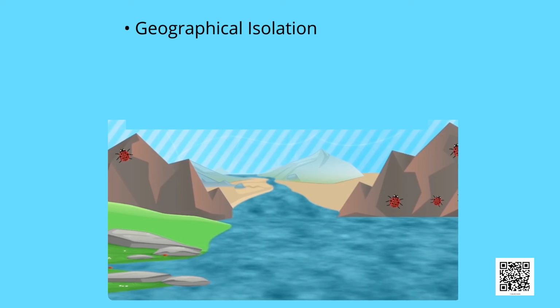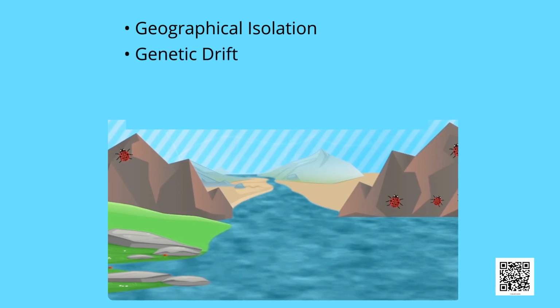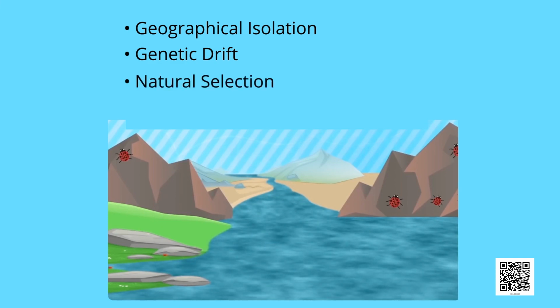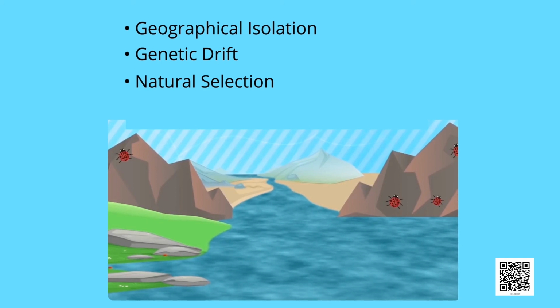Over generations, genetic drift will accumulate different changes in each subpopulation. Natural selection may also operate differently in these subpopulations.